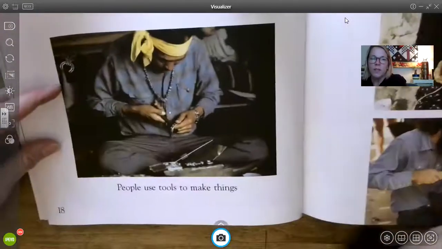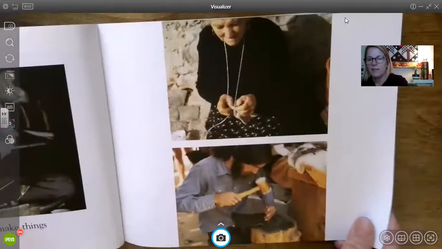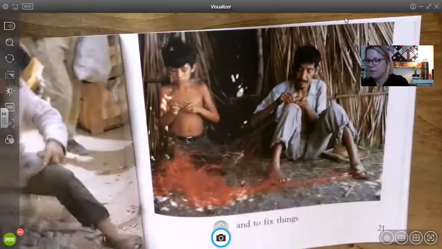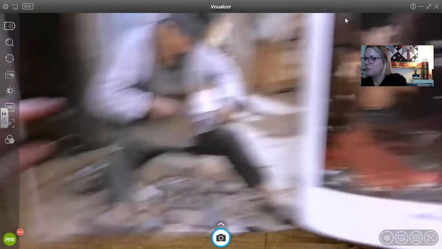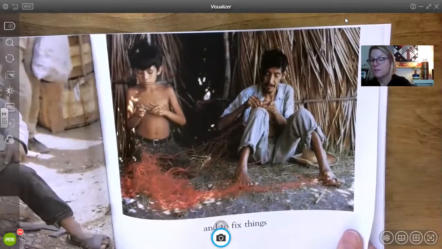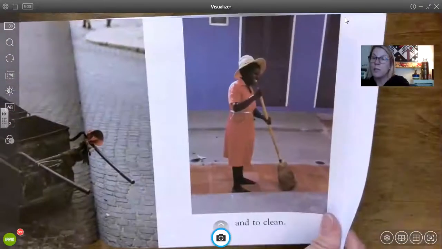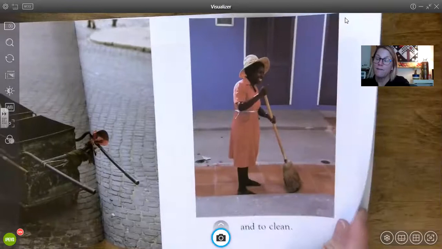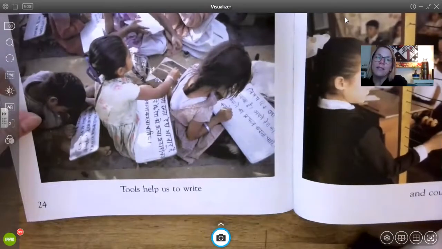People use tools to make things. And to fix things. And to clean. Tools help us to write.